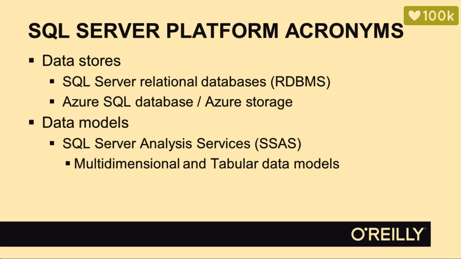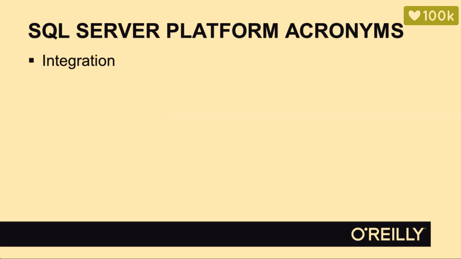And so we create what's called multidimensional and/or tabular data models. Tabular data models are the hot new thing. And we can also do data mining. And so we can apply various metrics and determine all kinds of cool things about our data. But SQL Server Analysis Services, SSAS, is the tool and the service that we use to build and provide that data out to our various client tools.